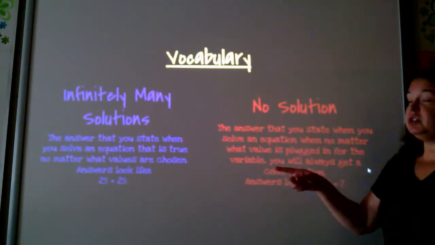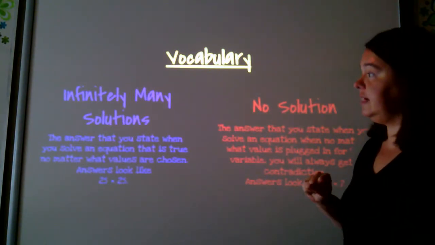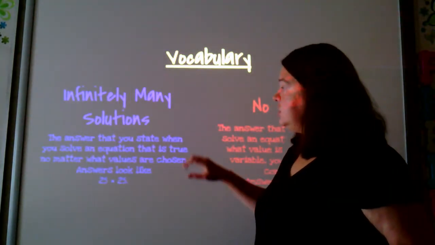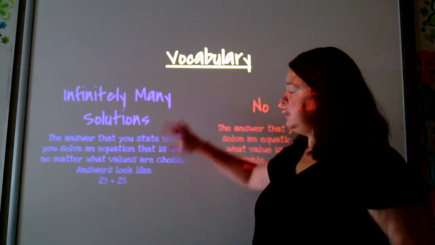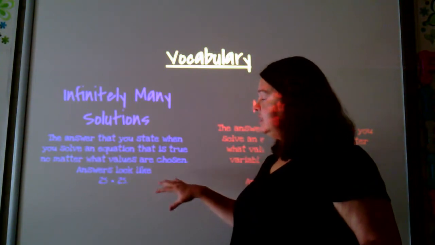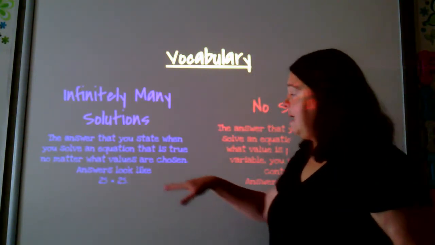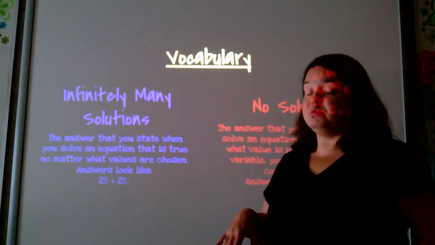Infinitely many solutions and no solution go with our special solutions today that we're going to talk about at the end of the video. So basically you're going to use infinitely many solutions when you go to solve for a variable and that variable completely disappears and you're left with something like 25 equals 25. When that happens, you're going to be like, ooh, 25 equals 25.